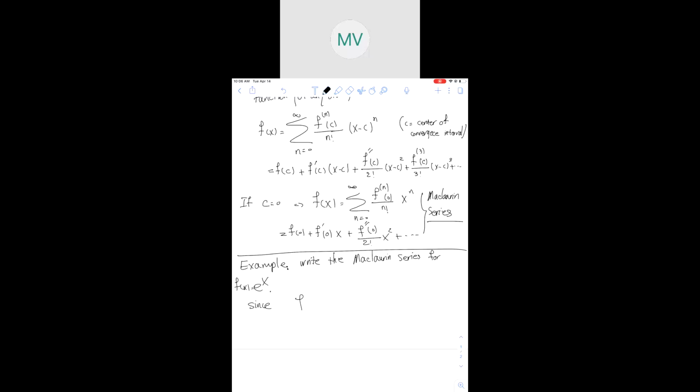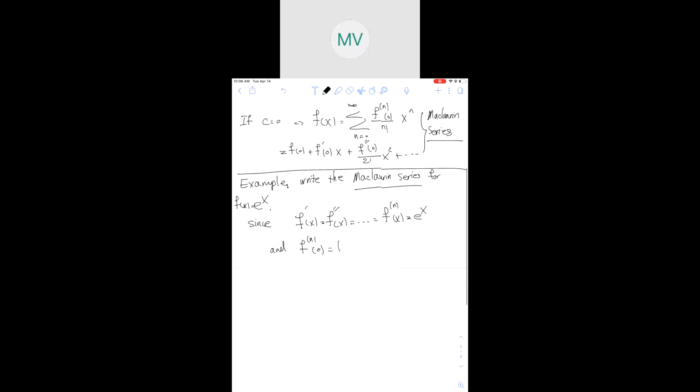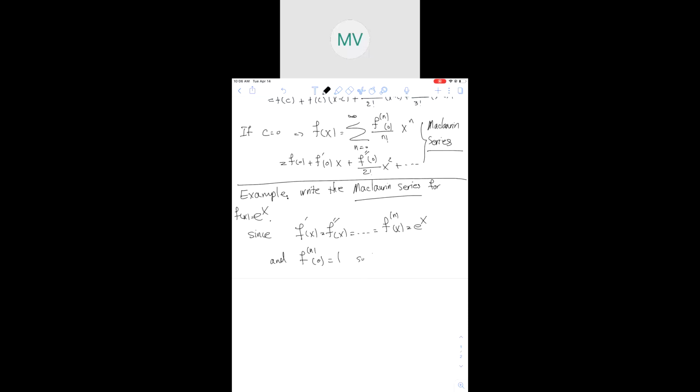Since f prime of x equals f double prime of x, and in general, any derivative of f is itself, let's write down the Maclaurin series. That's what we ask. So what's the value of this function when x is 0? That's 1.